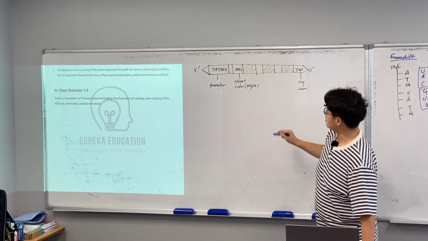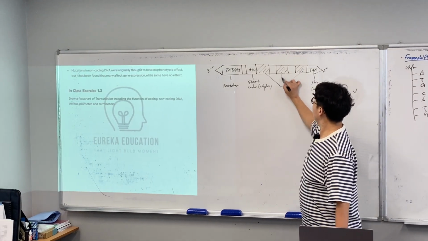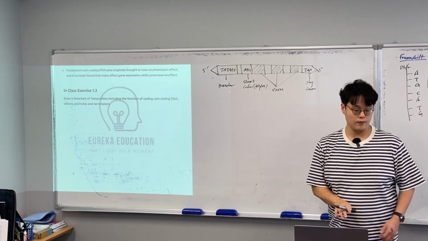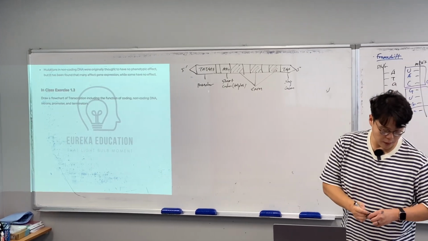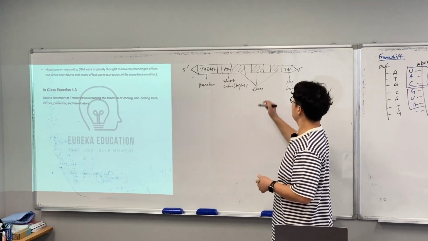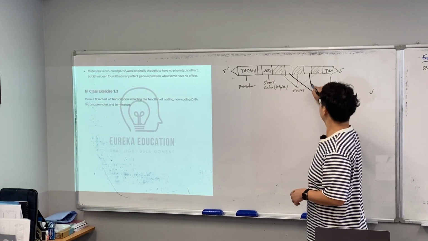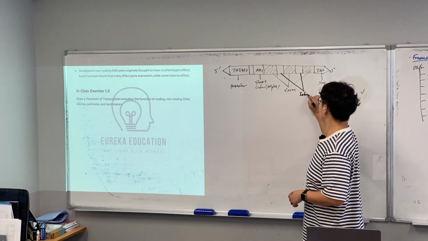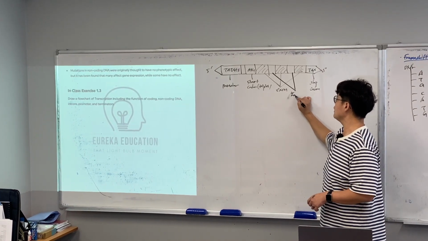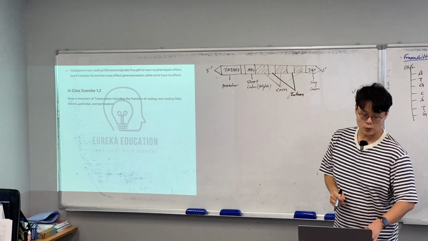Those shaded regions here are called the exons. Exons, as you know, are the part actually used for coding, and those not shaded are known as introns.